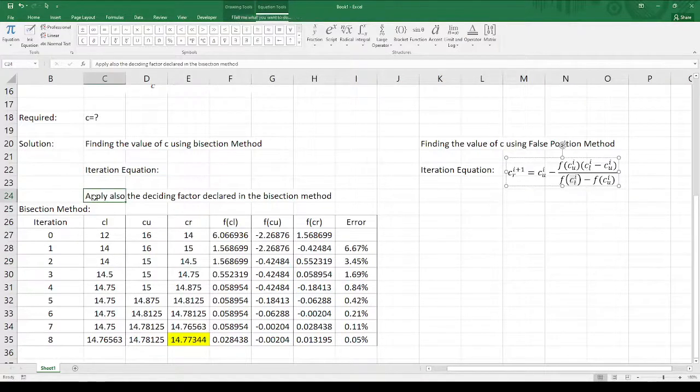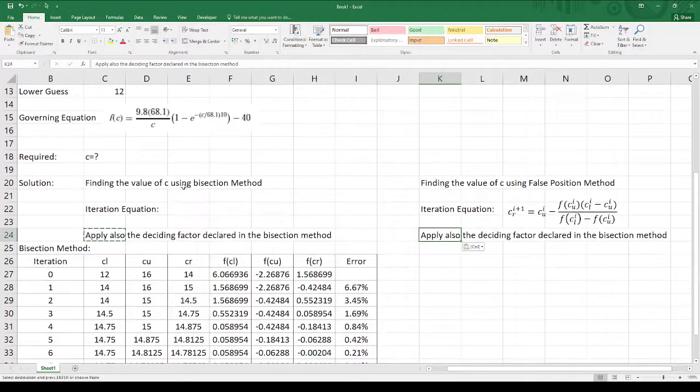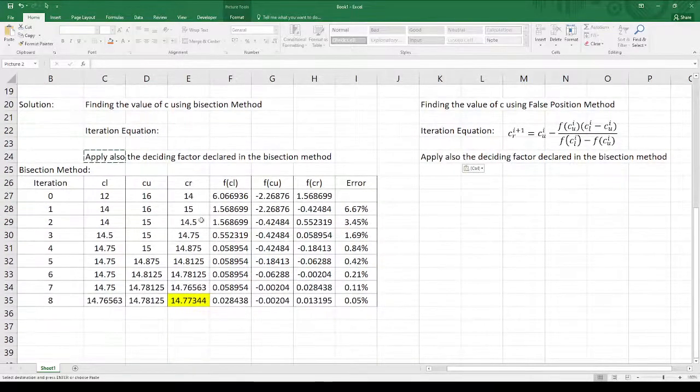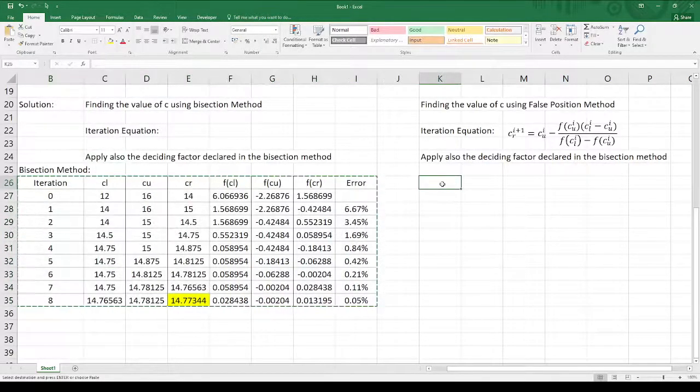Then we apply also the values for the deciding factor of the bisection method, and use this as the governing equation in finding f of CL, f of CU, and so on and so forth. So I think I will be just copying this one, para madali ta.